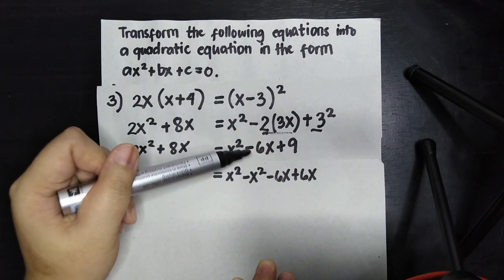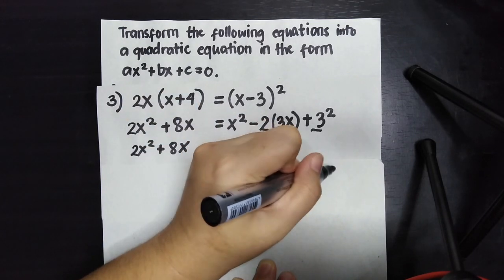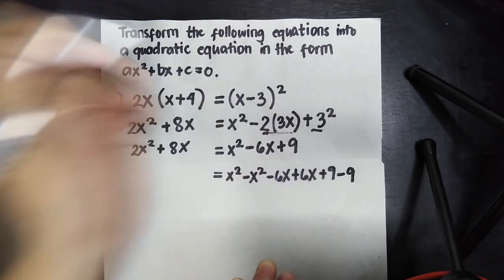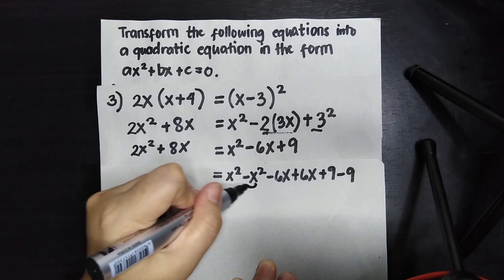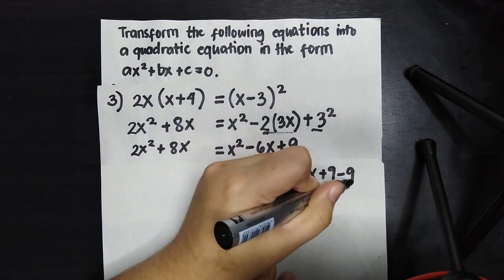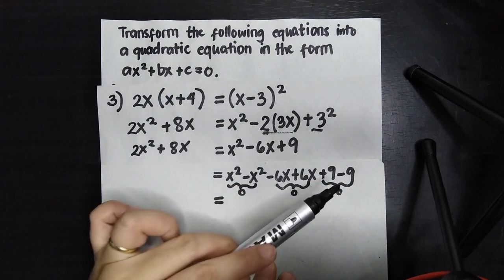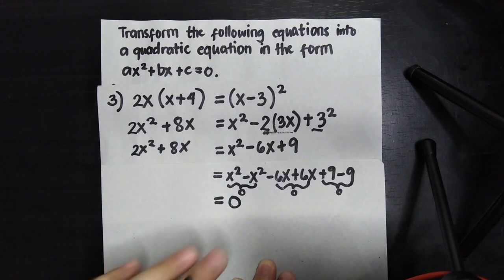Okay? Because it is negative, so we add positive. And then, to make positive 9 0, we will add negative 9. Okay. So, this will become 0, this will also become 0, and this is 0. So, 0 plus 0 plus 0, this side is now 0.